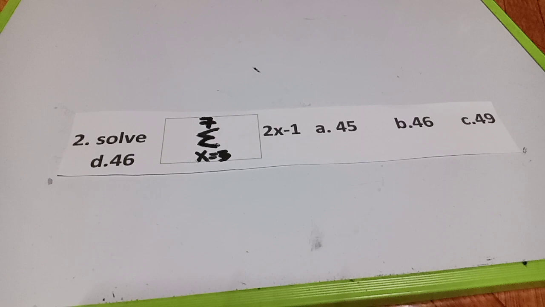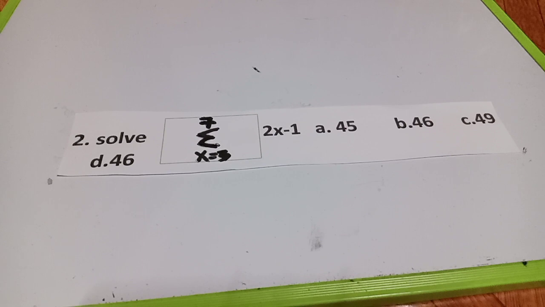Okay, solve for the summation from x equals 3 to 7 of 2x minus 1. How do we solve this? Take note that this is 2x minus 1 and there is no parenthesis here.